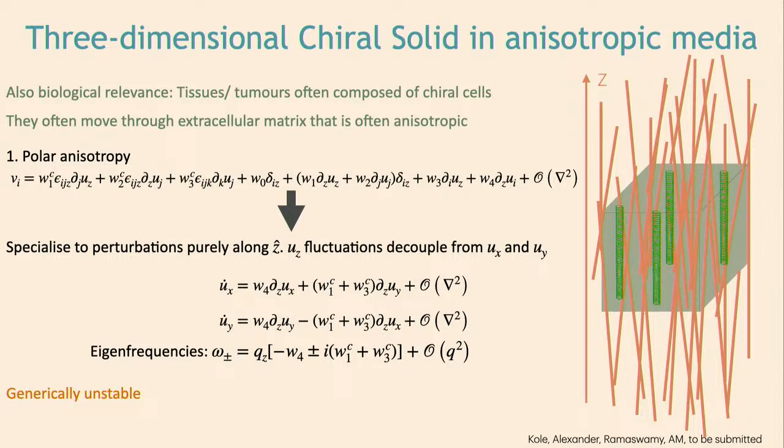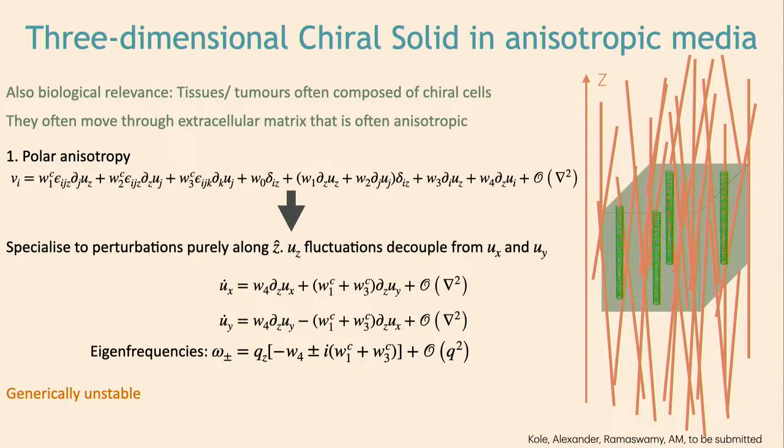So here is a huge difference between a chiral active elastomer and a chiral elastomer in an external medium, an external field. A chiral elastomer in an external field is always unstable. It cannot exist, whereas a chiral active elastomer can exist.